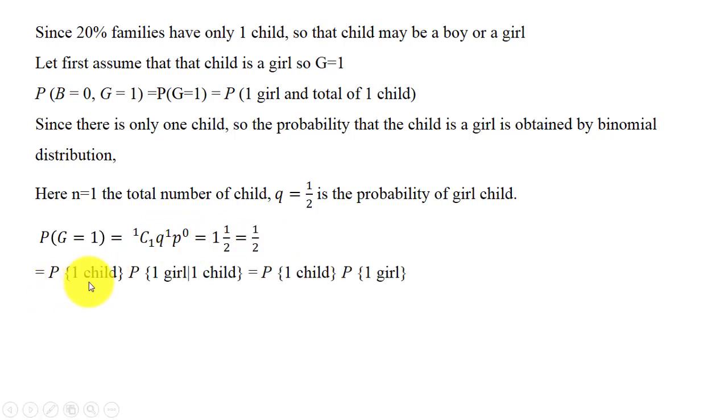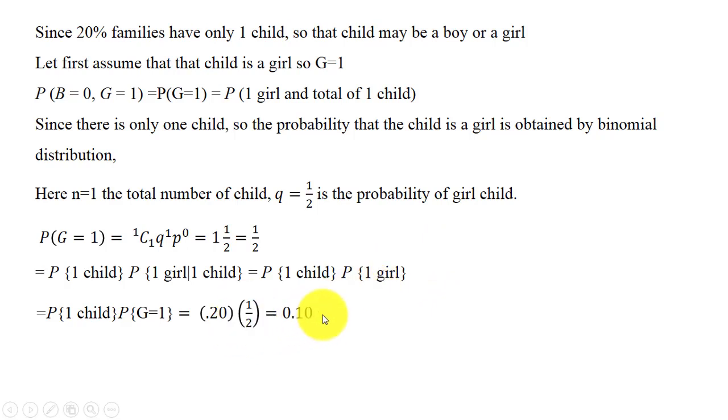So the probability of getting one child in such a family and that child is a girl, P of G equal to 1, is 0.2, because 20% of families have only one child, times 1 by 2.